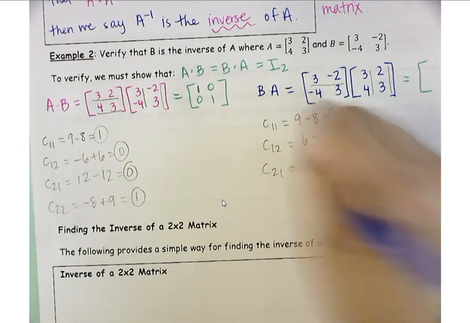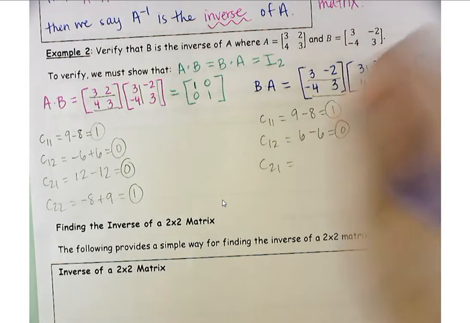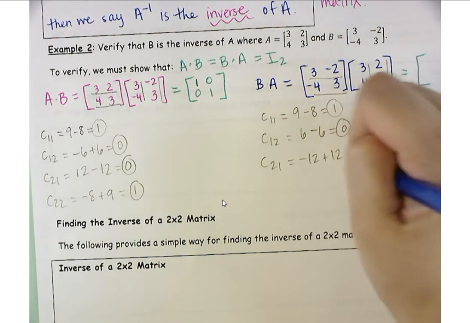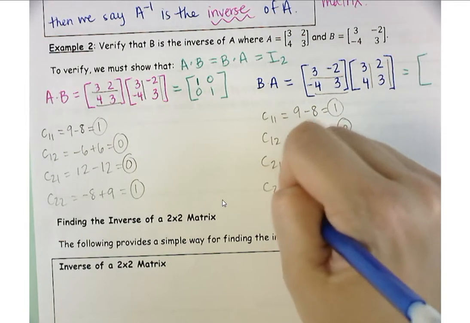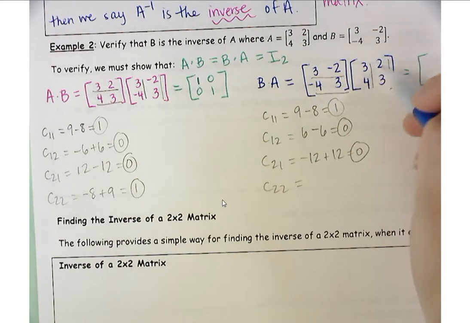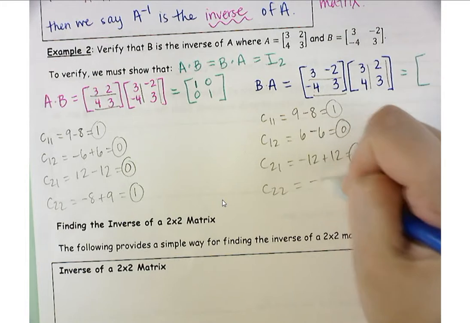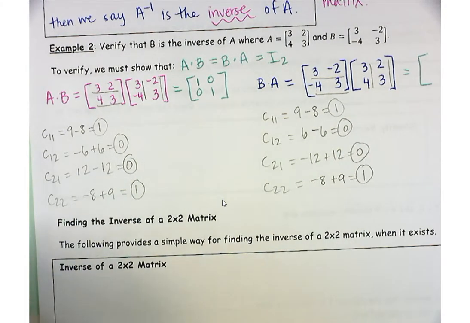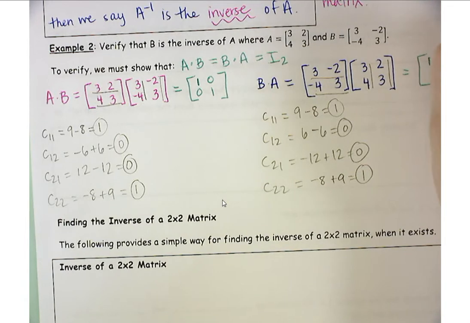Second row, first column, negative 4 times 3 is negative 12, 3 times 4 is 12. And second row, second column, negative 4 times 2 is negative 8, 3 times 3 is 9. So then again, I get 1, 0, 0, 1.